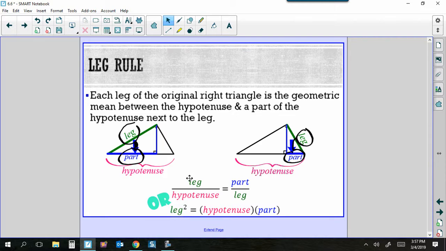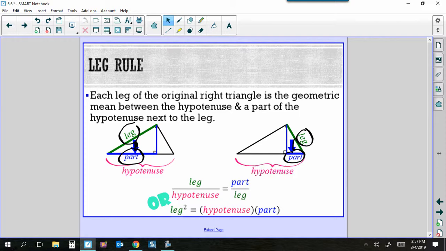And when you cross multiply this, leg times leg would be leg squared, and that's going to equal the hypotenuse times the part. So when I said procedural, that's when you're using the leg of the original large right triangle, this is exactly how you're going to set it up every single time.